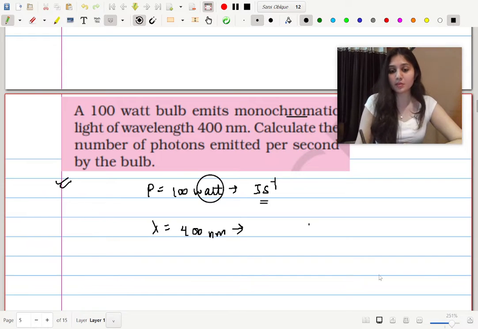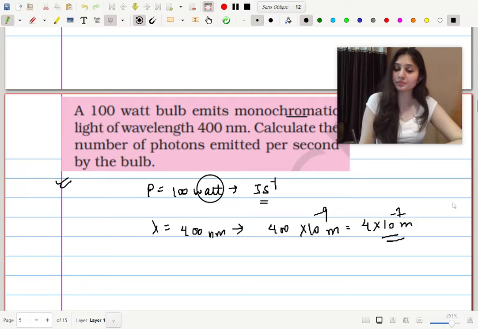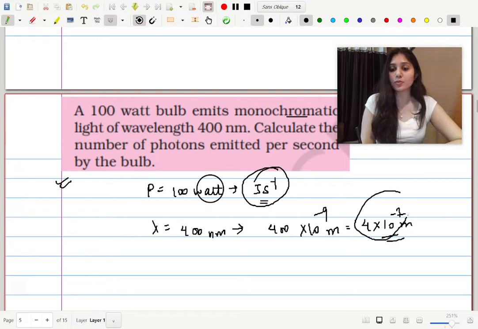Nanometer, not comfortable, so convert it into meter. 400 into 10 to the power minus 9 meter, or 4 into 10 to the power minus 7 meter. Calculate the number of photons emitted per second by the bulb.